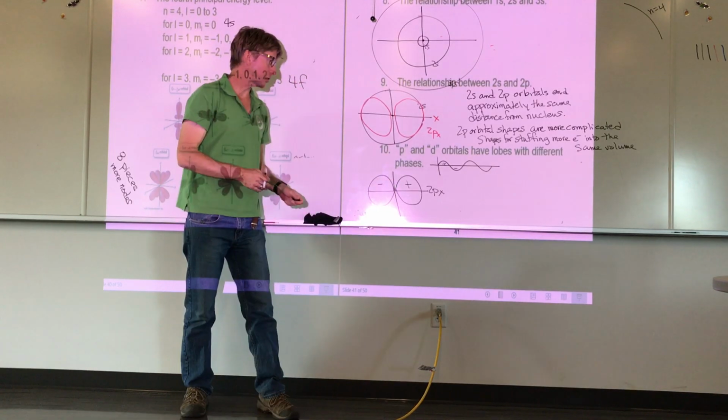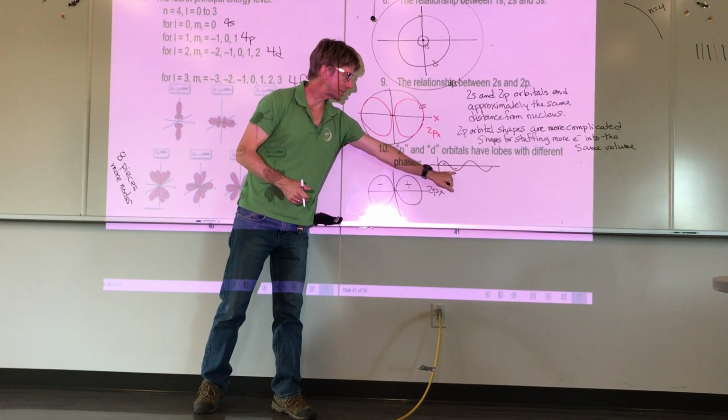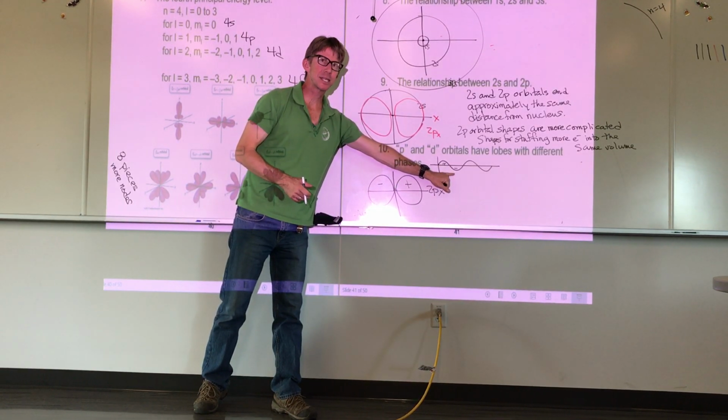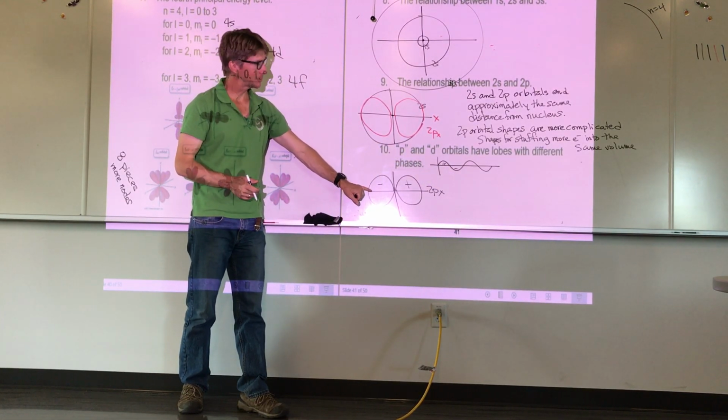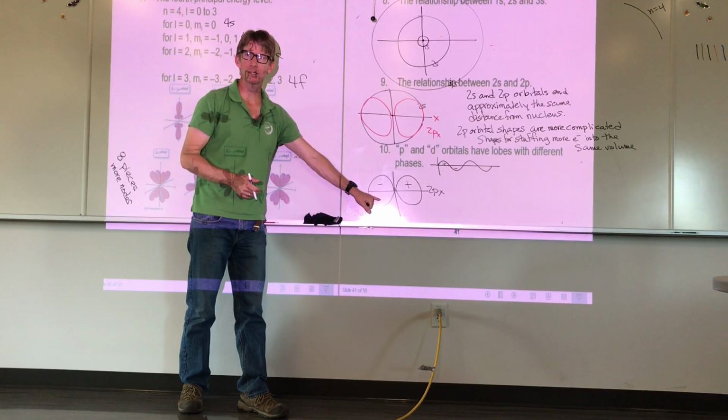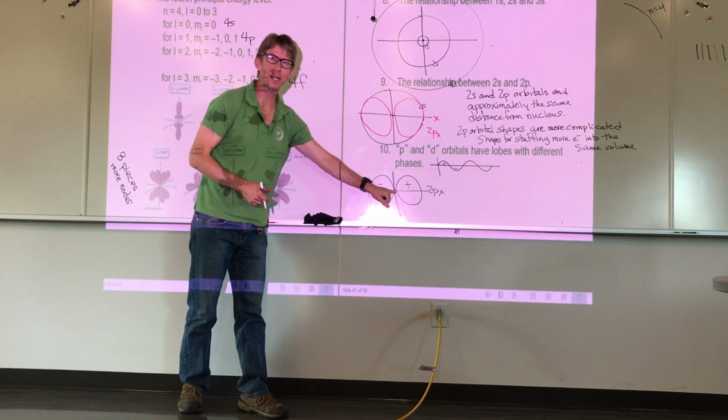What we're going to use these for is when waves interact, they can be constructive and destructive interference. And in chapter 10, when orbitals interact, there can be constructive and destructive interference based upon the phases that occur.